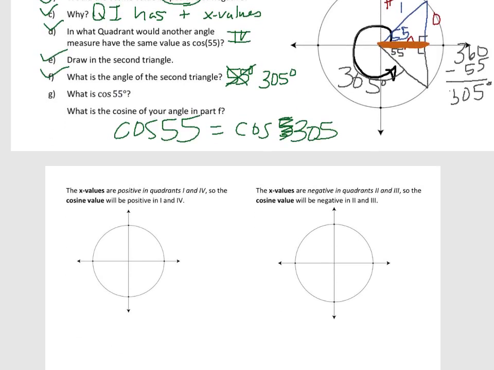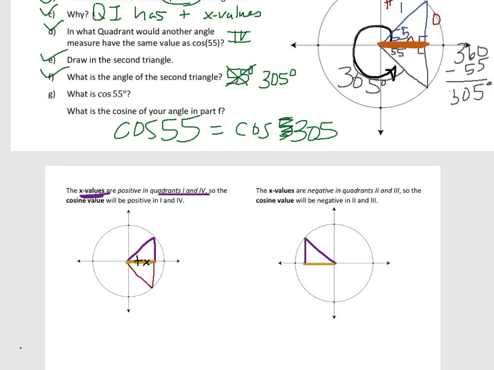We can make a couple of assumptions from that. We know that x values are positive in quadrants 1 and 4. So if you have a triangle there, and you have a polar angle, both of those are going to have a positive x value. Now if we go backwards, think about what happens to our x.